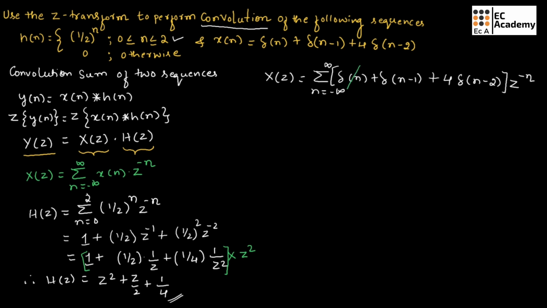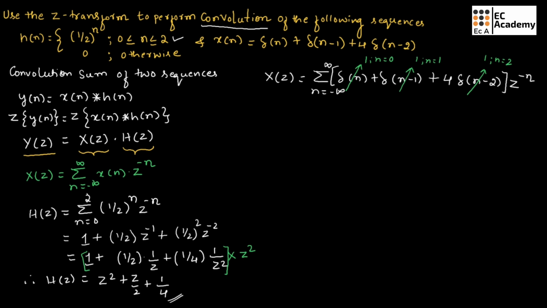So this delta function will be 1 for n value equal to 0. This delta function will be equal to 1 for n is equal to 1, and this delta function will be 1 for n value equal to 2.